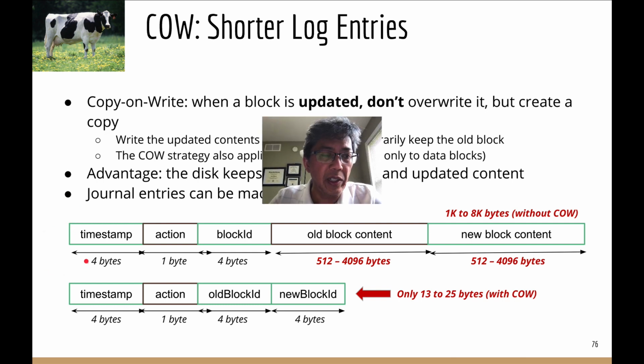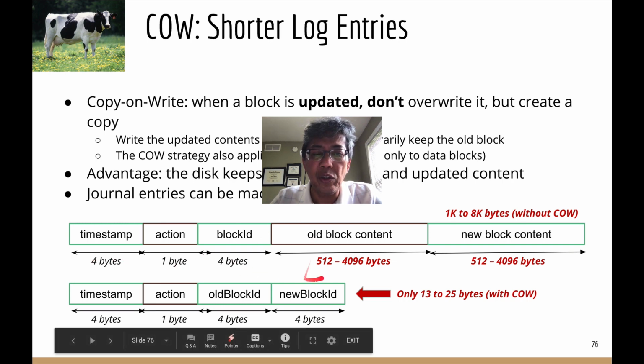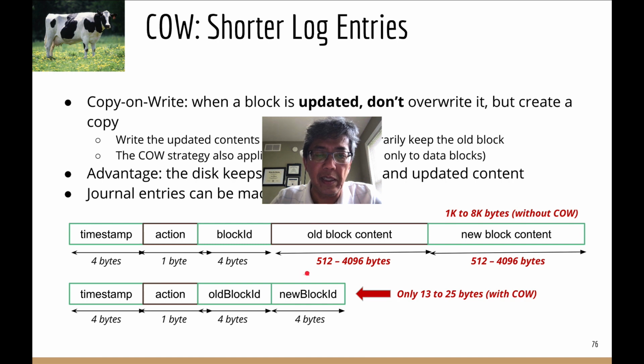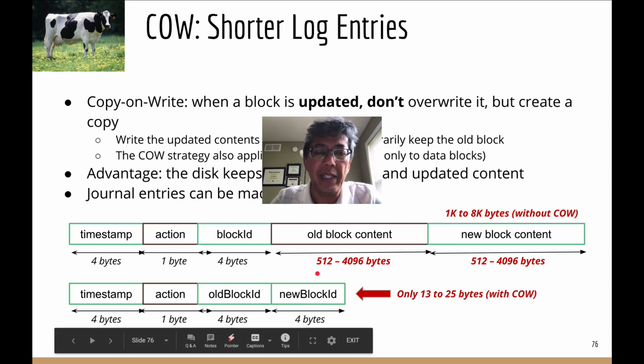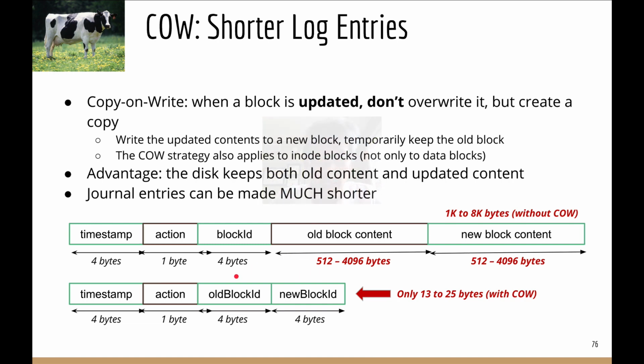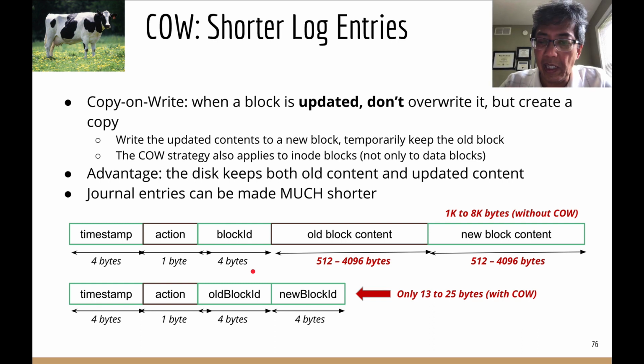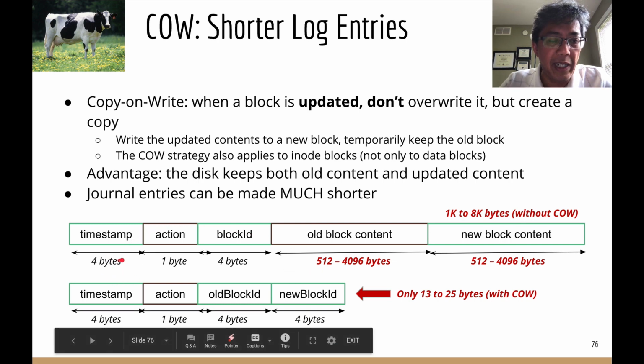The journal entry using this technique is now very short. We just need to include the timestamp, the action, the old block ID, and the new block ID, because the new block ID will be the updated content of that block. The size of the journal entry will vary between 13 bytes and 25 bytes. In case you use 8 bytes for timestamp and block IDs, the total size will be 25 bytes.